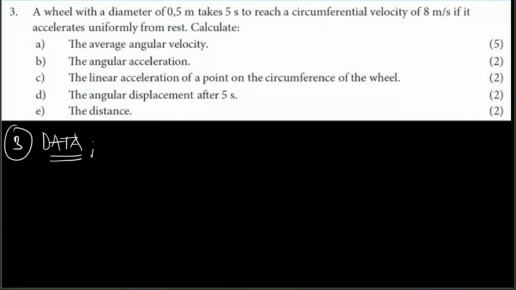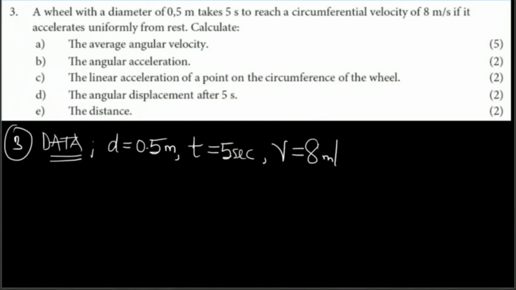We have a wheel. The diameter of the wheel is given to be 0.5 meters, and it takes 5 seconds for this wheel to reach a circumferential velocity of 8 meters per second if it accelerates from rest.